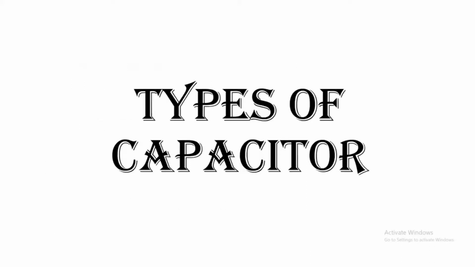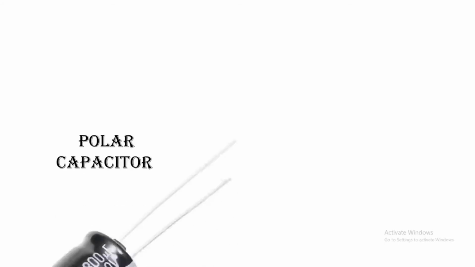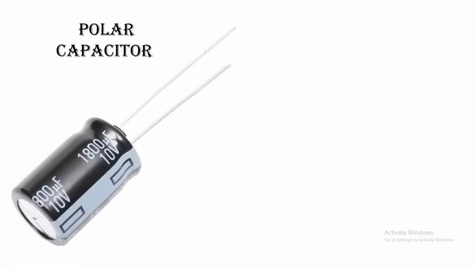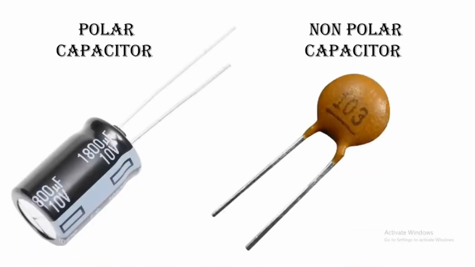Types of capacitor. There are mainly two types of capacitor: polar capacitor and non-polar capacitor. Polar capacitors have polarity, meaning a positive and a negative side, while non-polar capacitors do not have polarity.